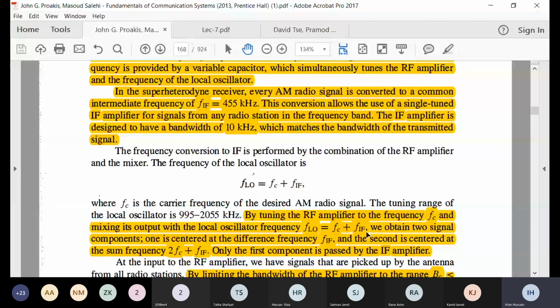One will be at IF, the other will be at 2FC plus IF. But this 2FC will be rejected by the IF amplifier. It will only pass the frequency around FIF. So we have not done the mathematics; I will just show you.